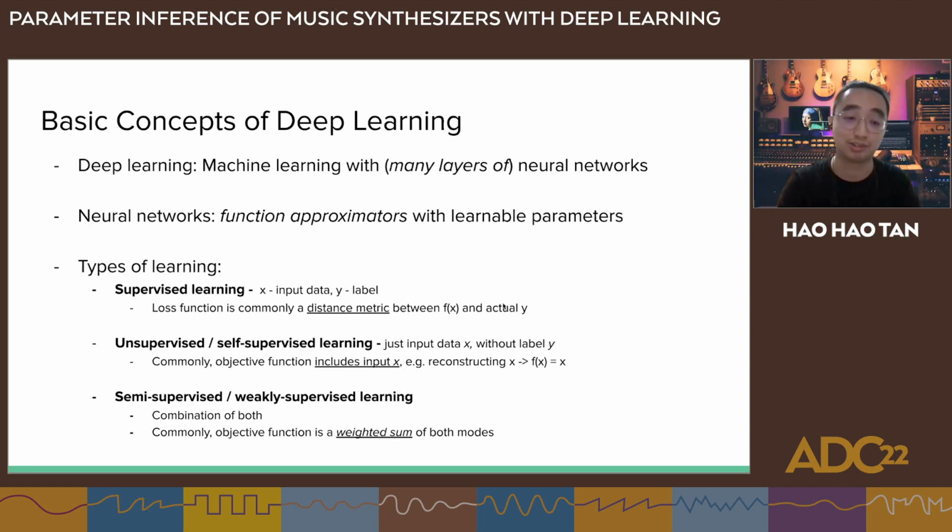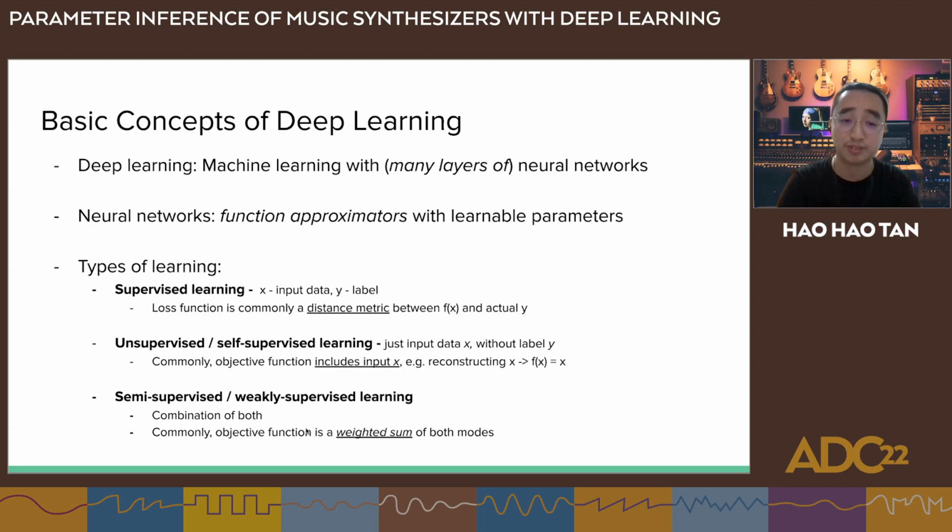And you optimize according to this loss function. For the unsupervised case, you don't have any labels. So what normally we do, our objective function will somehow include your input x. So one very popular formulation is actually to reconstruct x. So you want the neural network to be able to reconstruct itself. So this is one way that we don't need labels where you can learn something meaningful.